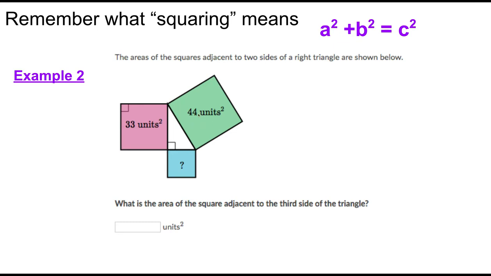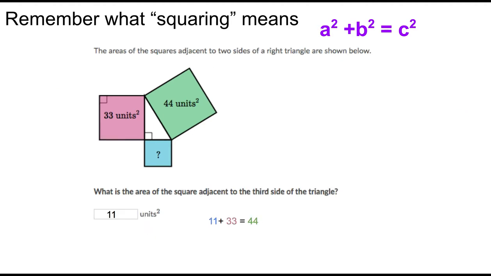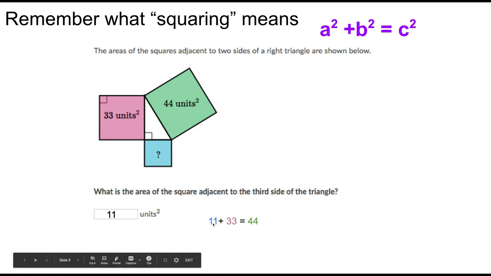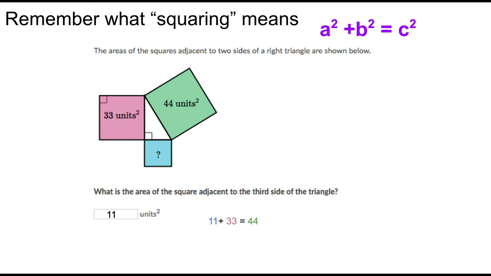So if this is 44 and this is 33, the blue one should be the difference, that the blue plus pink equals 44. So hopefully you can recognize 33 plus 11 would equal 44. So this blue one would have to be 11 square units, whatever those units are, centimeters, inches, feet, we don't know.